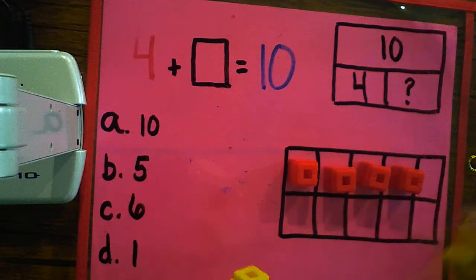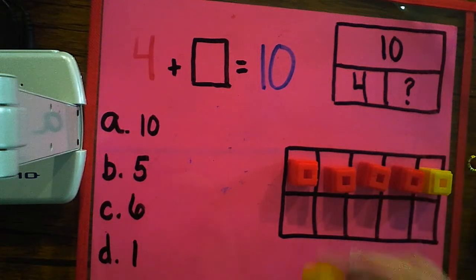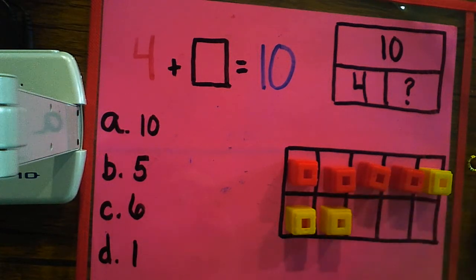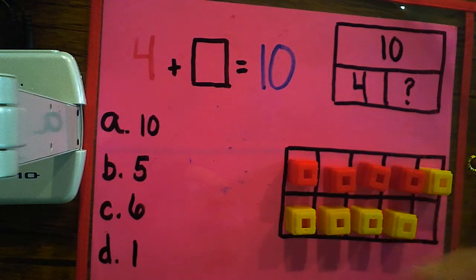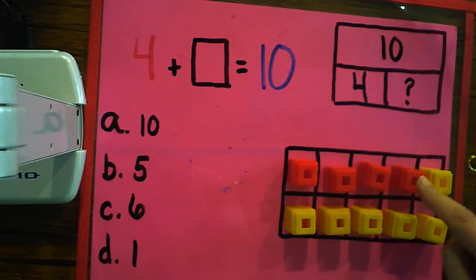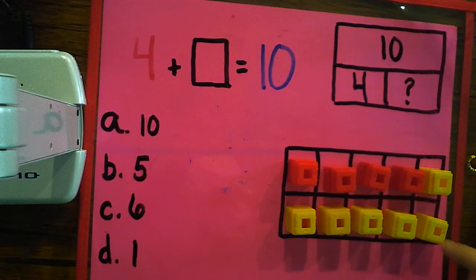Here I go. So I've got 4, 5, 6, 7, 8, whoops, 9, 10. Oh, I started with a part I know, which is 4. I counted on to my whole, which is 10. Well, now I need to ask myself, how many cubes did I need to add to make that whole?